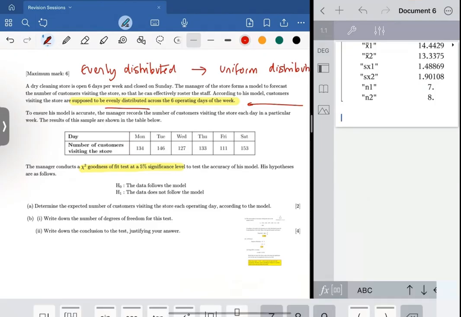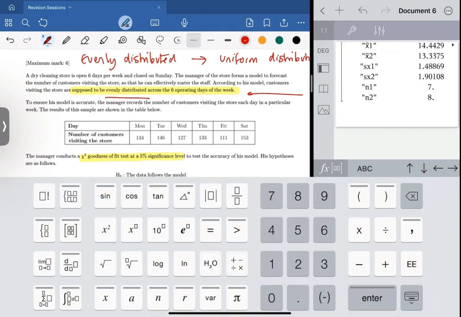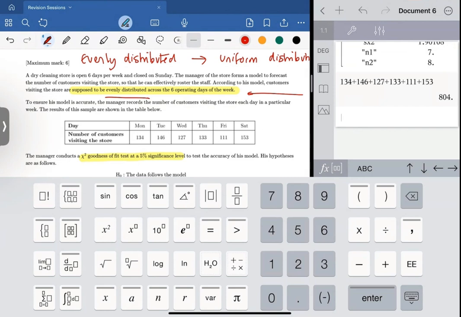So that's probably the first thing we need to figure out. If they were evenly spread across the 6 days, how many would we have in each group? So we're going to need to add these up: 134 plus 146, 127, 133, 111, and 153. So the total we've got is 804.